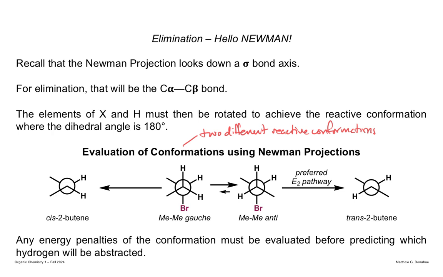So notice the arrow here. There's going to be some distribution of those two conformers at room temperature or whatever. We know from Newman projections that having the methyl groups anti is more stable. So that's why the arrow points more that way. And when you do that elimination, you end up with a more stable product.